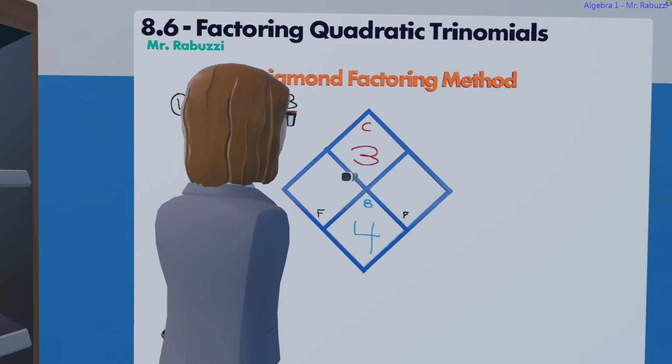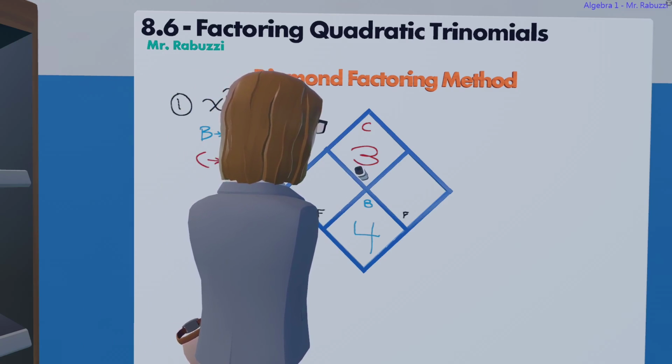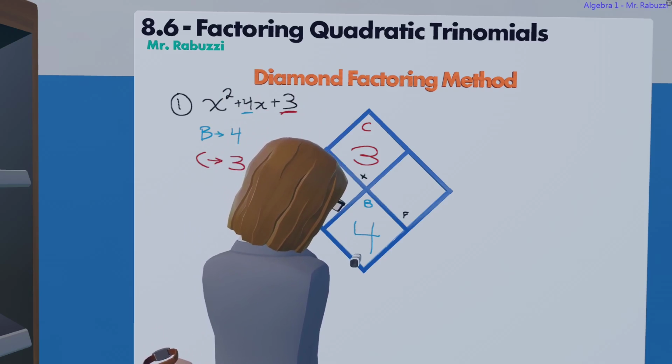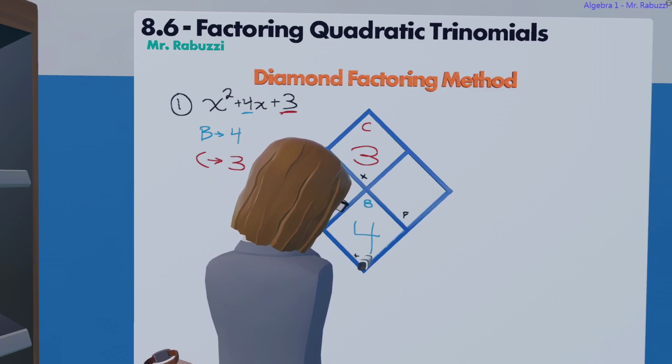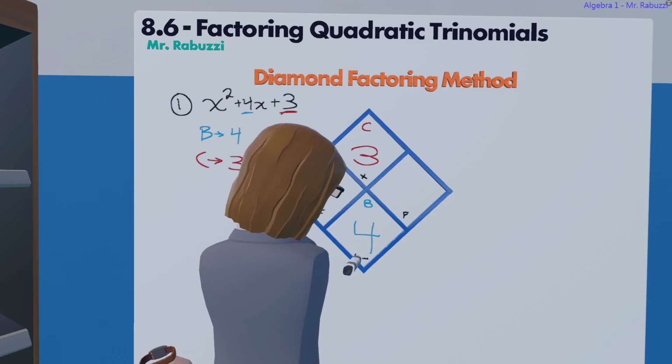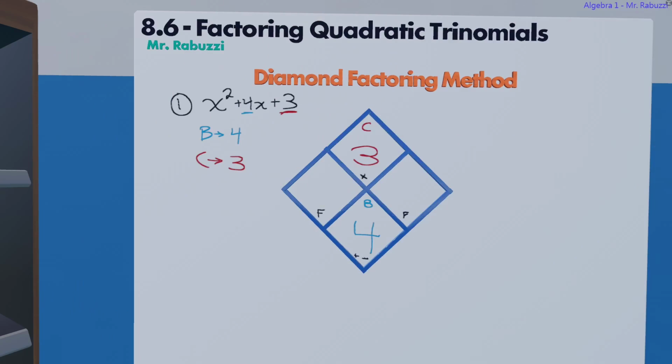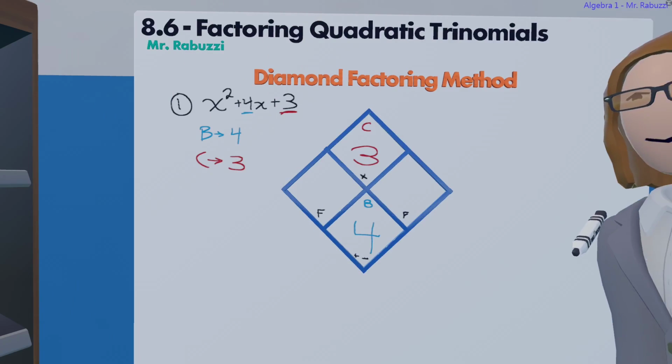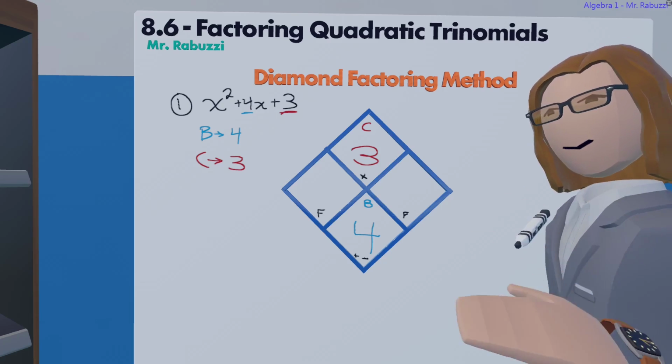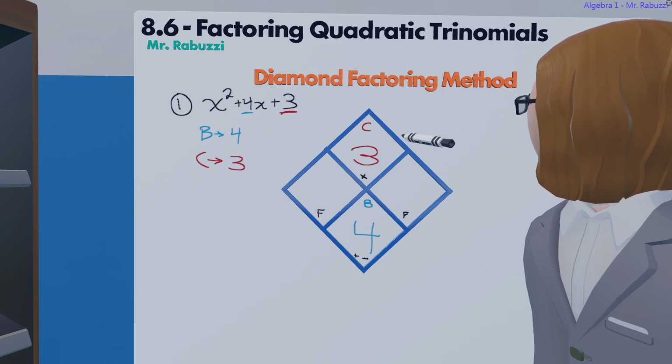So that sounds like a lot. Let's see. We need to find numbers that multiply to make 3 and add or subtract to make 4. Now that's a lot of words to just say, find the factors of 3.